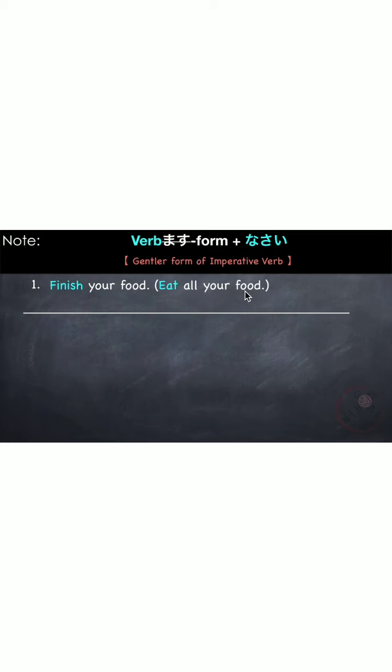Our verb is to eat, 食べます. 全部 means all, 食べなさい. So our verb is 食べます, remove masu, add なさい. 食べなさい. Eat all your food. 全部食べなさい。Next is go to sleep.